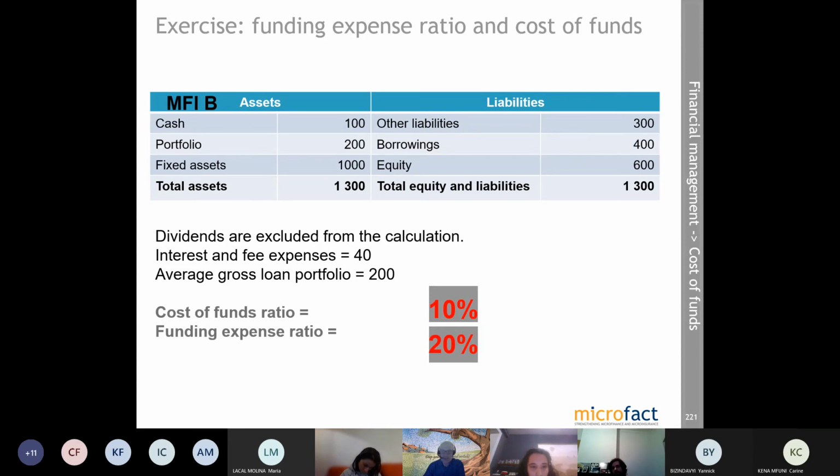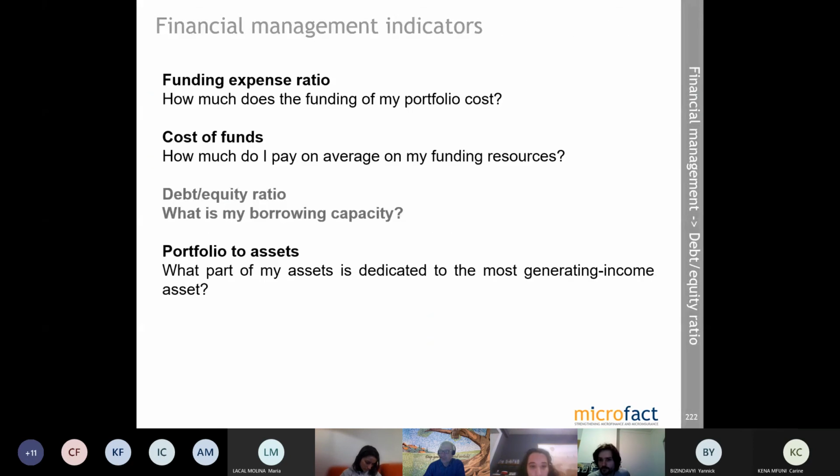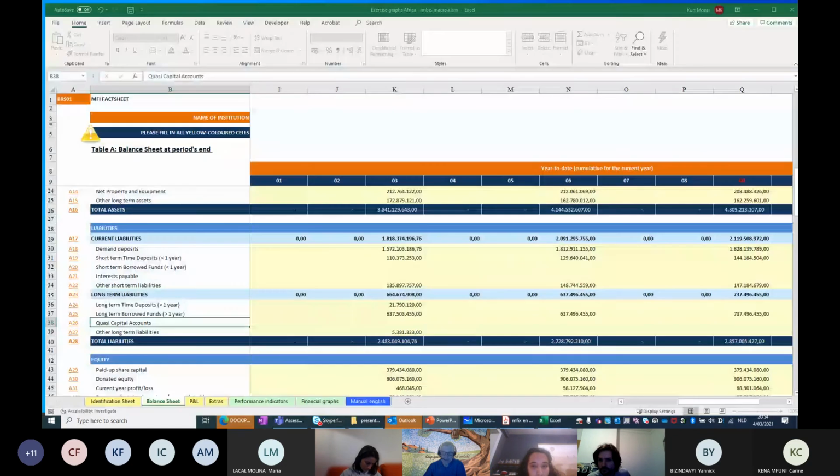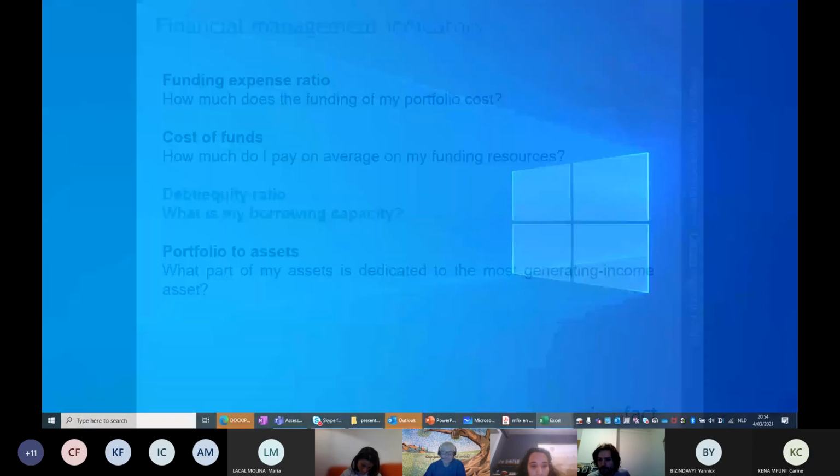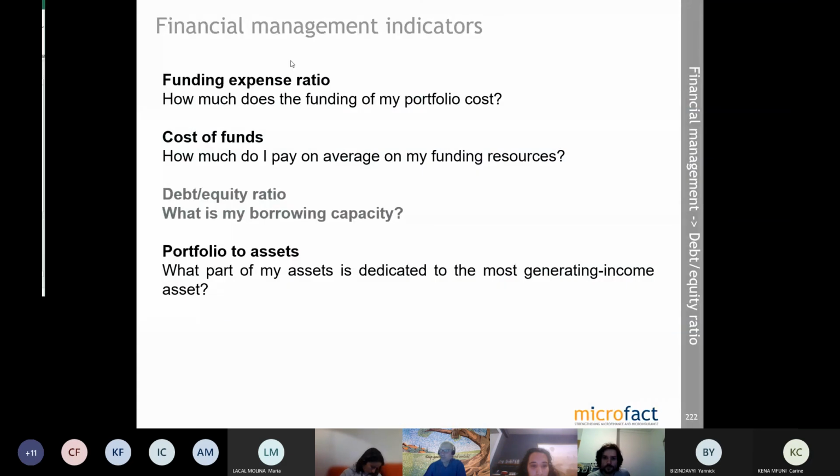Is that clear? So don't confuse both. I just want to show you in the fact sheet, because when we have an exercise, you can always see both indicators, then you know where to find it.